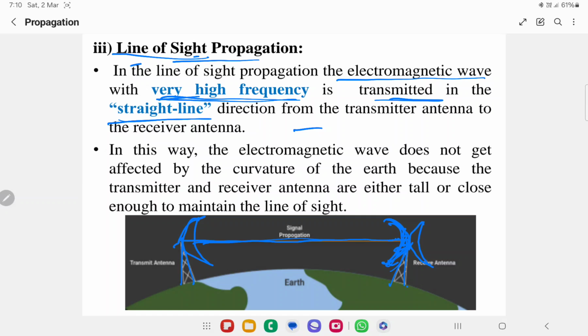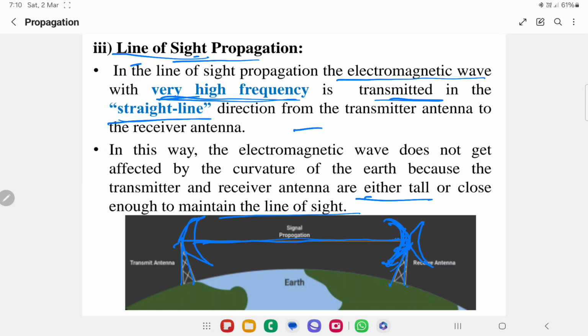Now what is the helpfulness of this? When we are sending a signal using the curvature of the earth, there could be some effect on the signal. So here we can have either a tall antenna, or we can place the antenna above some buildings, so that we can maintain this line of sight.